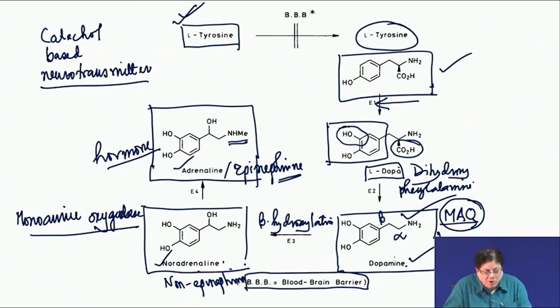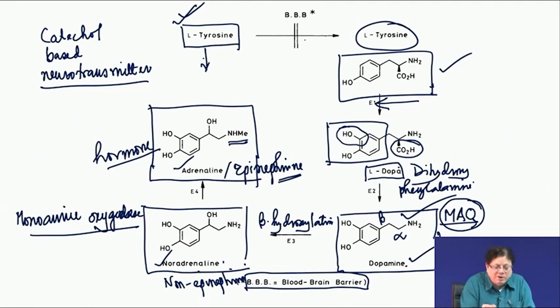That is one way, but the problem is, if somebody takes tyrosine from outside, tyrosine being a protein amino acid, its main function is to make the proteins that are required in the body. So, by the time everything reaches the brain, that will be very less, because most of the tyrosine will be utilized to make the proteins. So, that is not a viable treatment, if you take too much tyrosine.